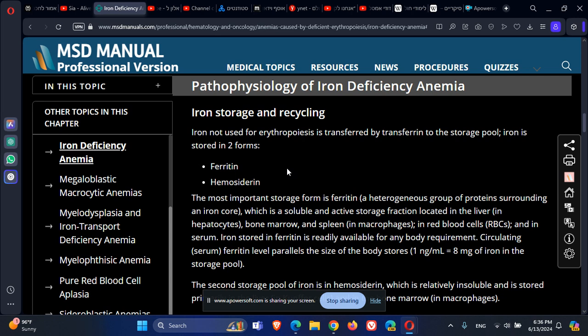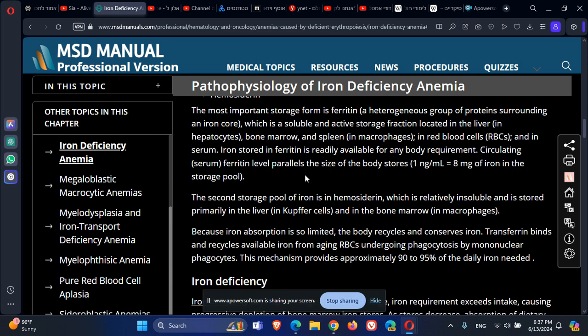Therefore, in an inflammatory state, it may be high even though the patient lacks iron. But in a normal state, ferritin is probably the most specific and sensitive test for evaluating the iron state in the body. Namely, low ferritin means iron deficiency, and if there is anemia, iron deficiency anemia.